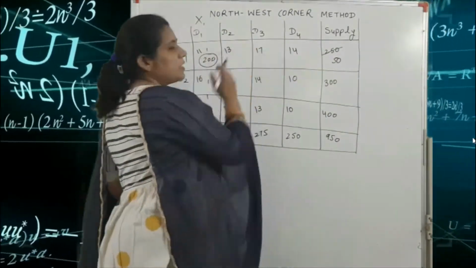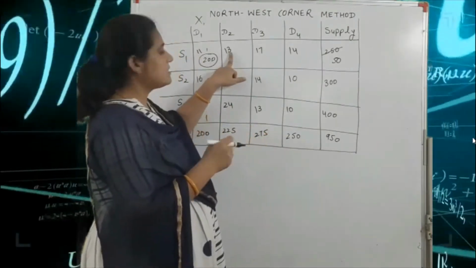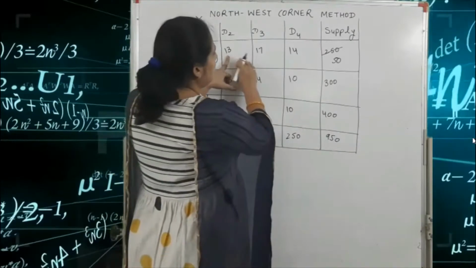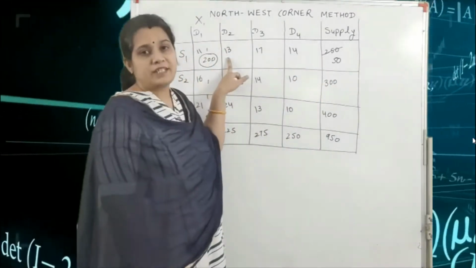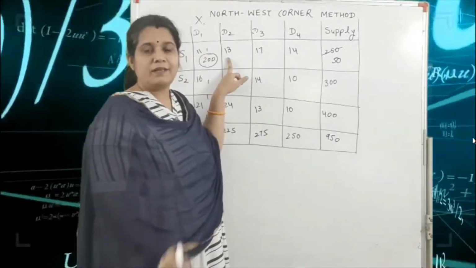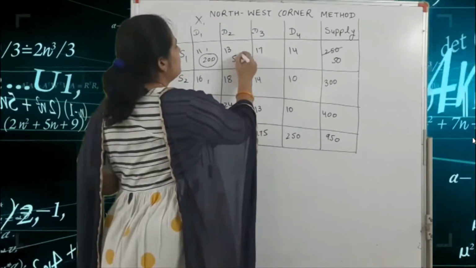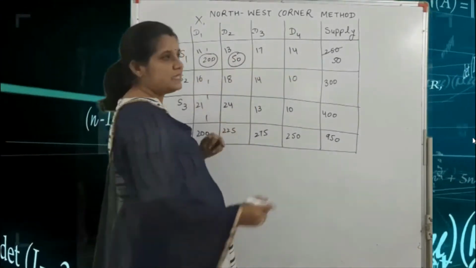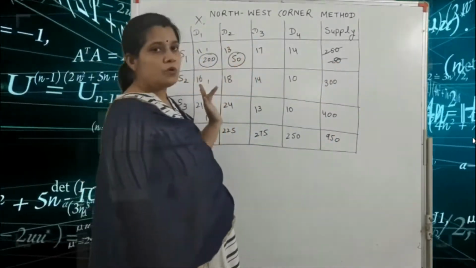Then we move to the next cell, which is 13. According to this cell the supply is 50 and the demand is 225. The minimum number is 50, so we write here 50. That means we fulfill the supply; a total of 50 is allocated in the D2 column.